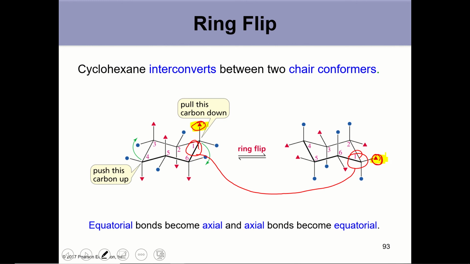When we do a ring flip, it becomes an equatorial hydrogen that is a triangle. But it is still above the plane of the ring. So you can change between being axial and equatorial with a ring flip, but the side of the ring that the hydrogen is on does not change. If it's above the ring when you do the ring flip, then it will still be above the ring after the ring flip.